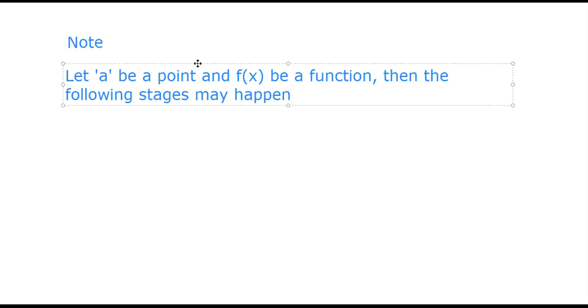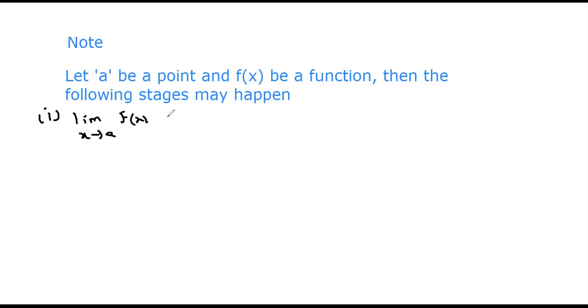Okay, ma? Listen. First என்ன கொடுத்திருக்காங்க அப்படின்னு சொன்னா, limit x tends to a f of x exists but f of a does not exist.